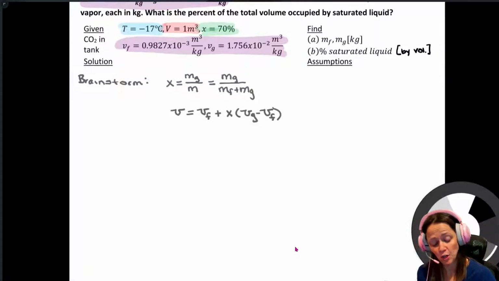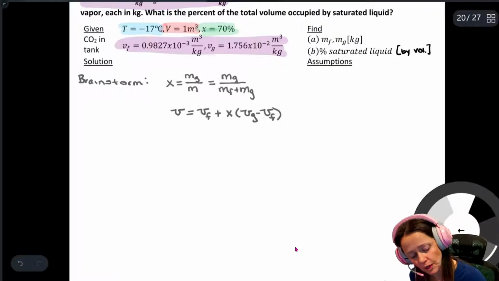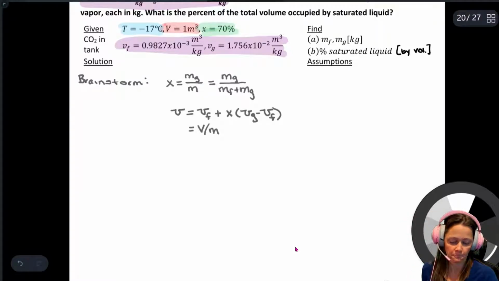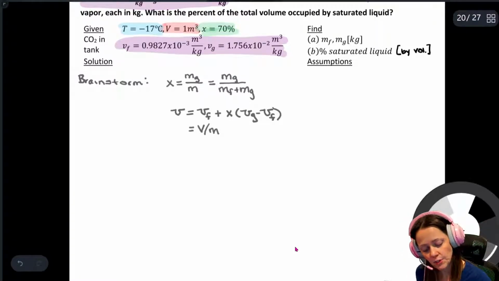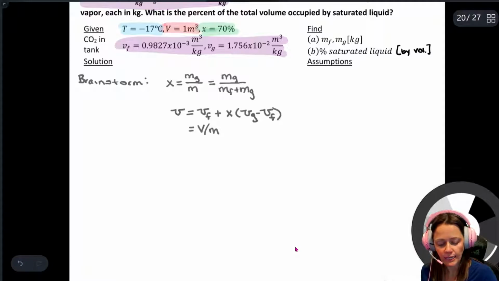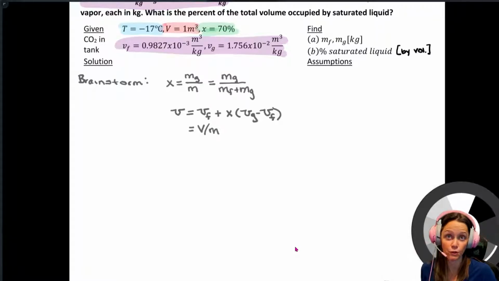All right, so I've got an equation for specific volume as a function of quality. I've also got, this is also just volume divided by mass. And then another thing to note is that this specific volume that I've written here is the specific volume of the two-phase mixture.